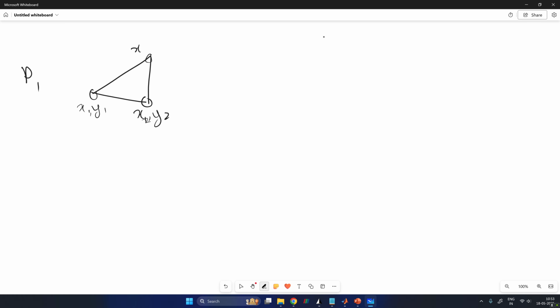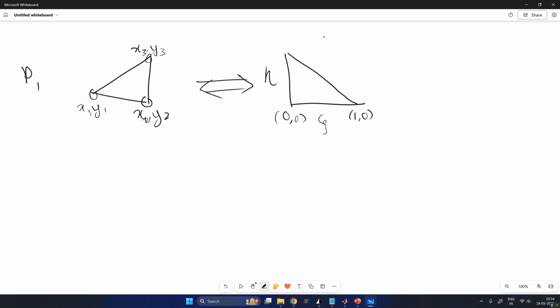These are your three nodes, and you map it to a linear master triangle, which is a right angle triangle with an area of half. This is the psi coordinate, which is like your x coordinate, and this is your eta coordinate, which is analogous to your y coordinate. You have the origin, this is your (1, 0), and this is your (0, 1).